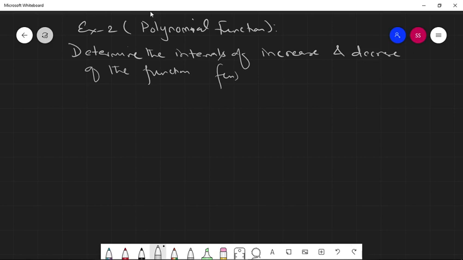And the function is f of x equal x cube minus x square minus x plus 4.